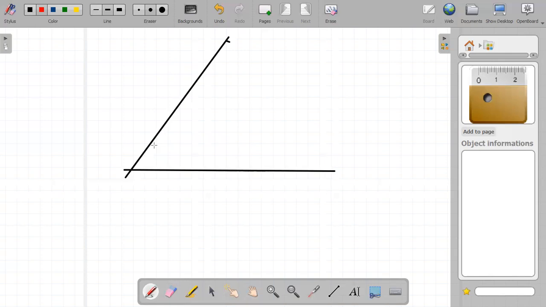Yes, windows and doors, sir. When they are closed or opened, those dynamic angles are formed. Dynamic nature means the changeable nature. Can you understand this concept, Shinal? Yes, sir. Okay.